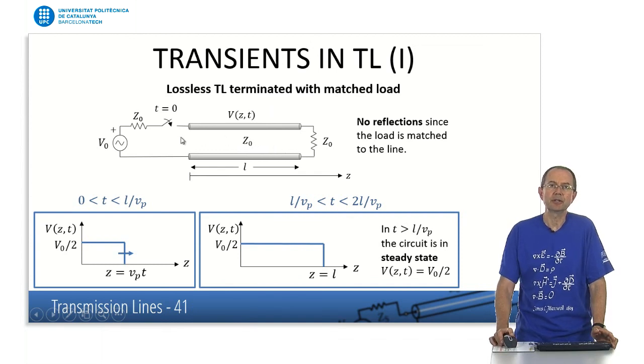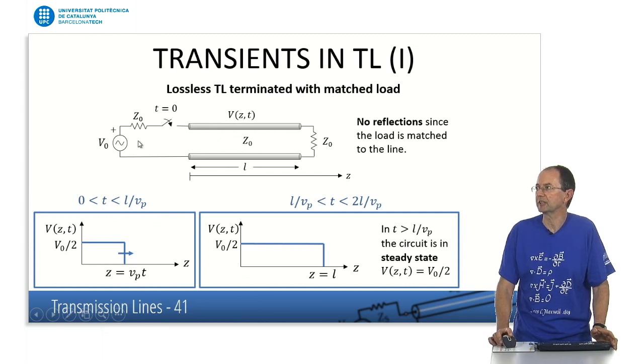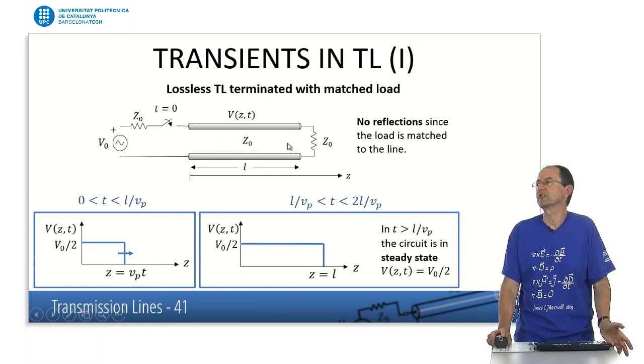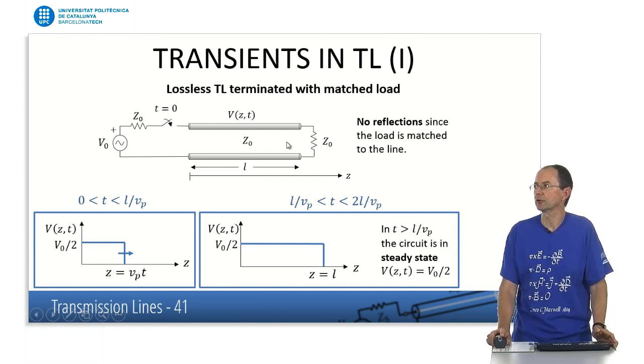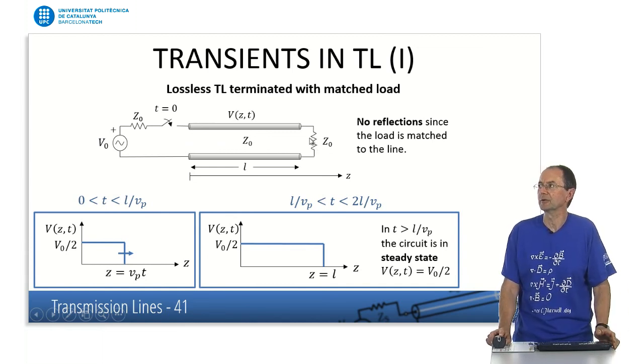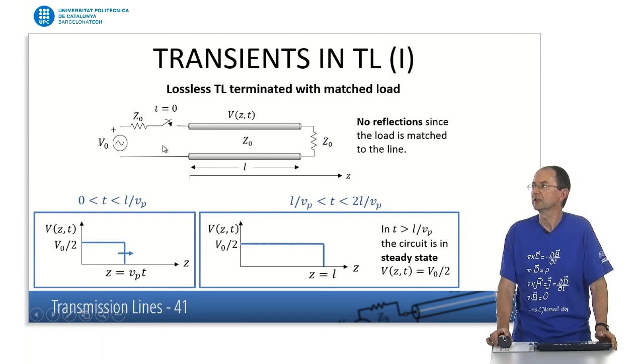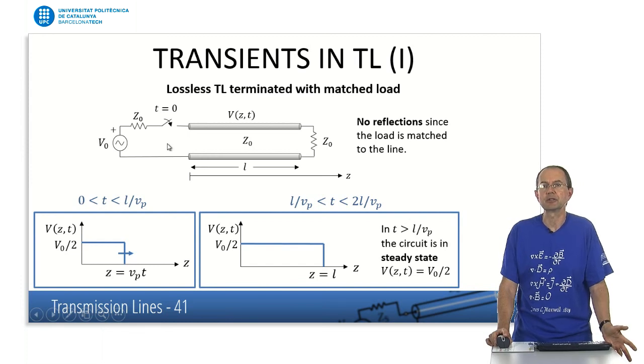So if everything is matched, so generator, transmission line and the end, everything is at the same impedance, there's no reflection, so the pulses will just travel as you would expect, ideally, from the source towards whatever you have here, a disk or a computer or network of computers. So no reflections, no back and forth of pulses traveling around the line, and that's the desired situation.